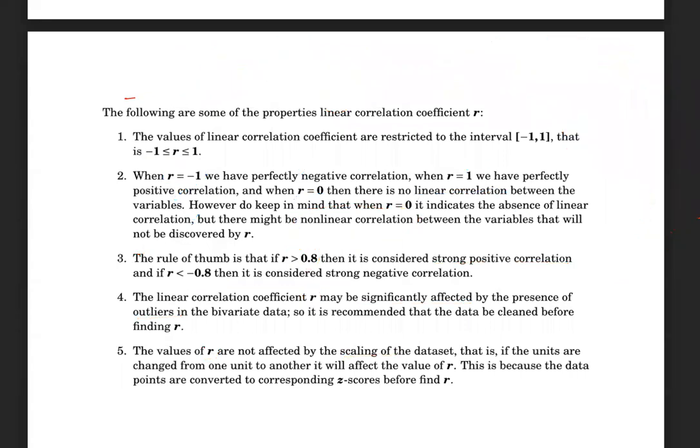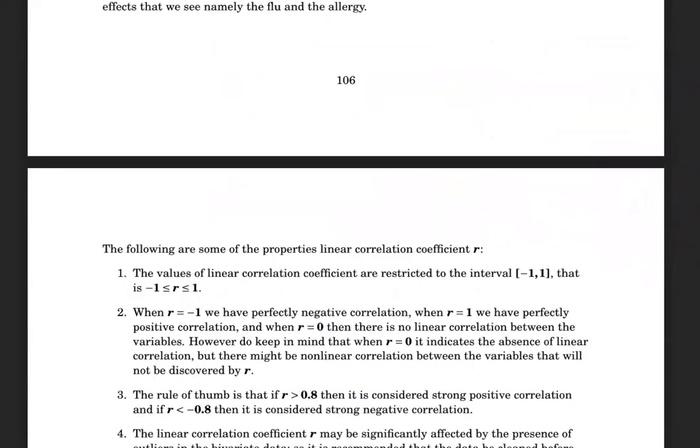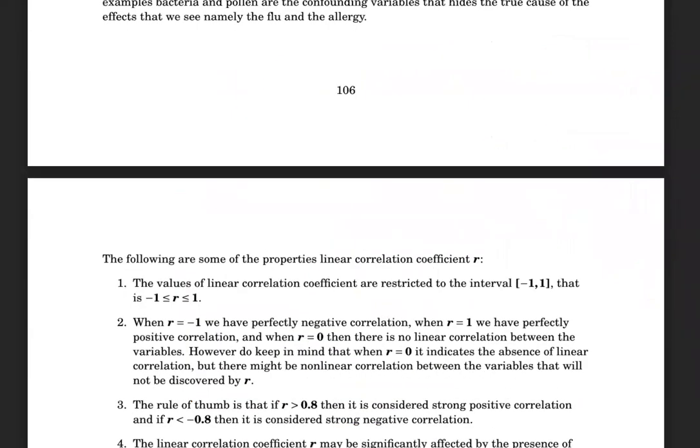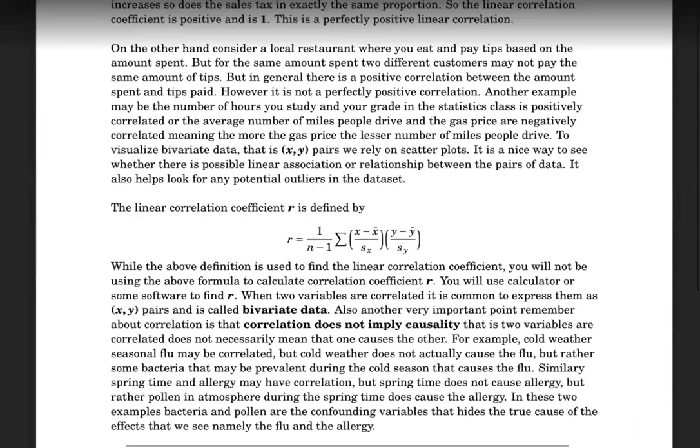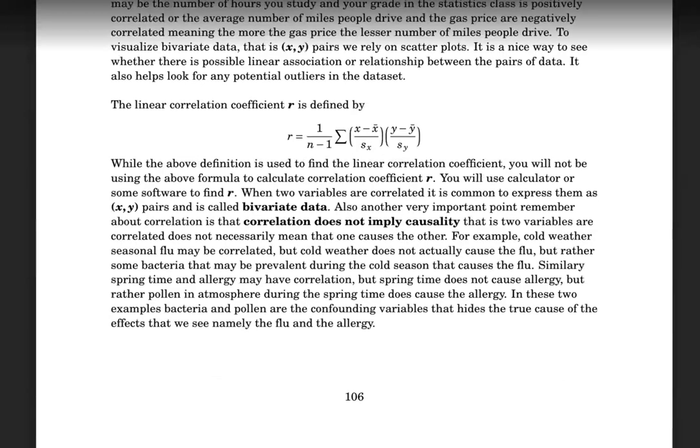Let me clean up the screen and take you back. Okay, George is saying something. Does the mean not change? The actual value of the mean will change if you change the unit. So this is the reason that it doesn't change. In the Pearson correlation coefficient formula, what you are using, not necessarily units, is the actual distance from the mean. This is the Z-score.